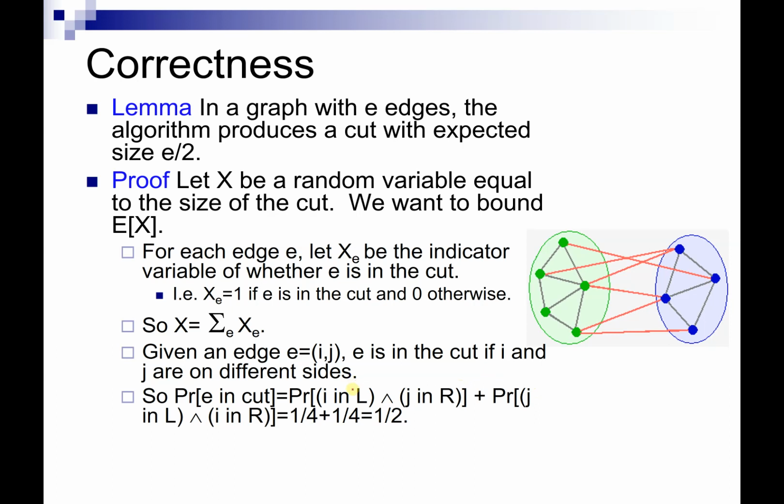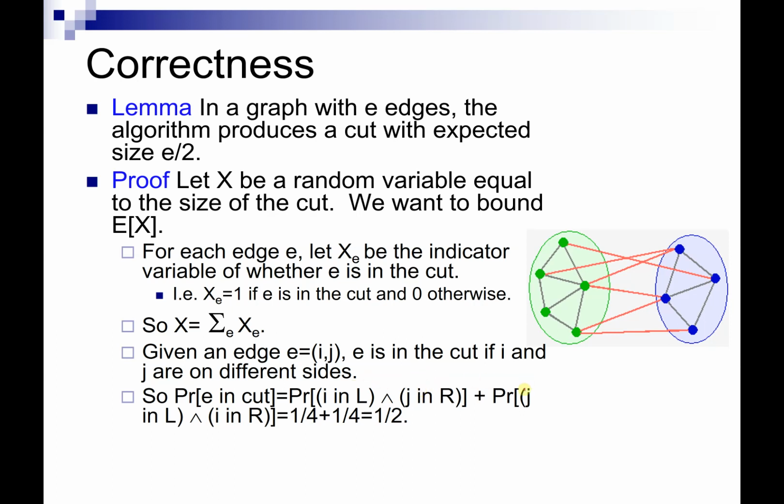Now the first one has a 1/4 probability of happening, because i is going to be on a random side with 1/2 probability, and then j is also on a random side. So the fact that i is on the left and j is on the right is going to have a 1/4 probability. These 2 events are independent.